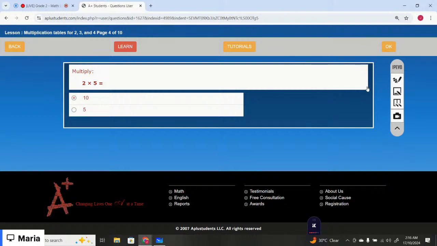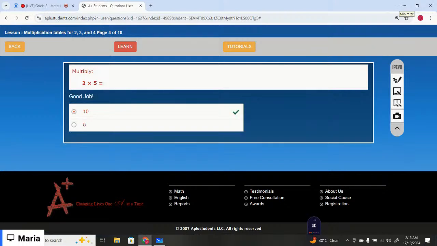Very good. 2 times 5 is 10. Option number 1 is the correct option.